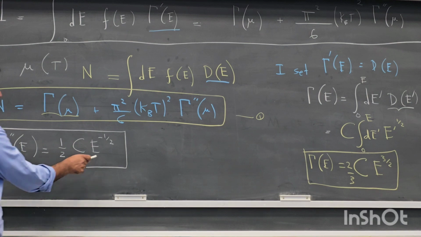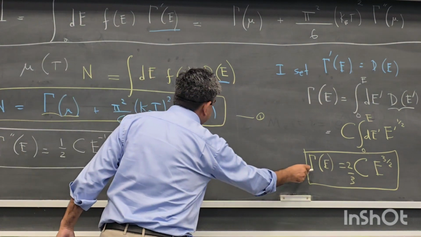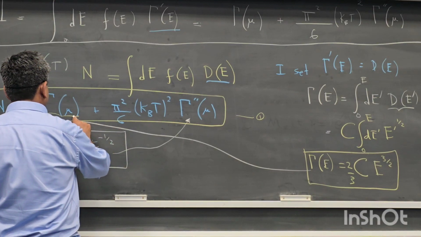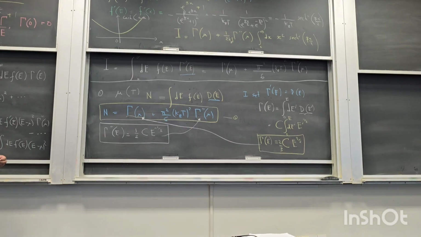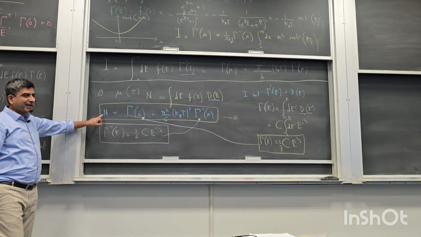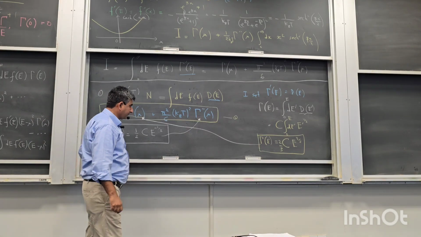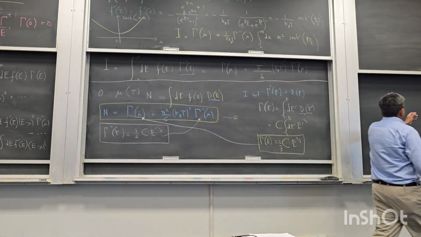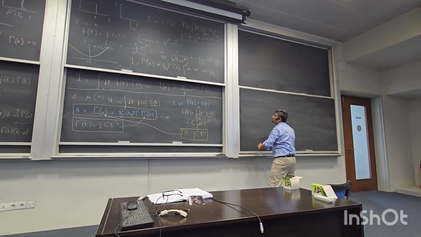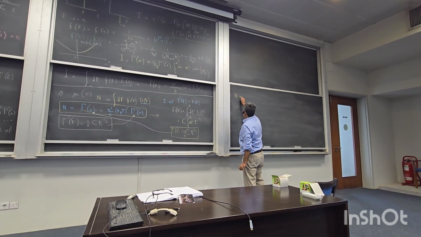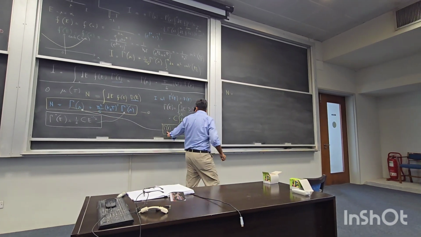So now I insert this computation in here, and I insert this computation in here. And I know what n is because I can do a computation at 0 kelvins as well. So my n is gamma computed at mu, but this is my gamma.